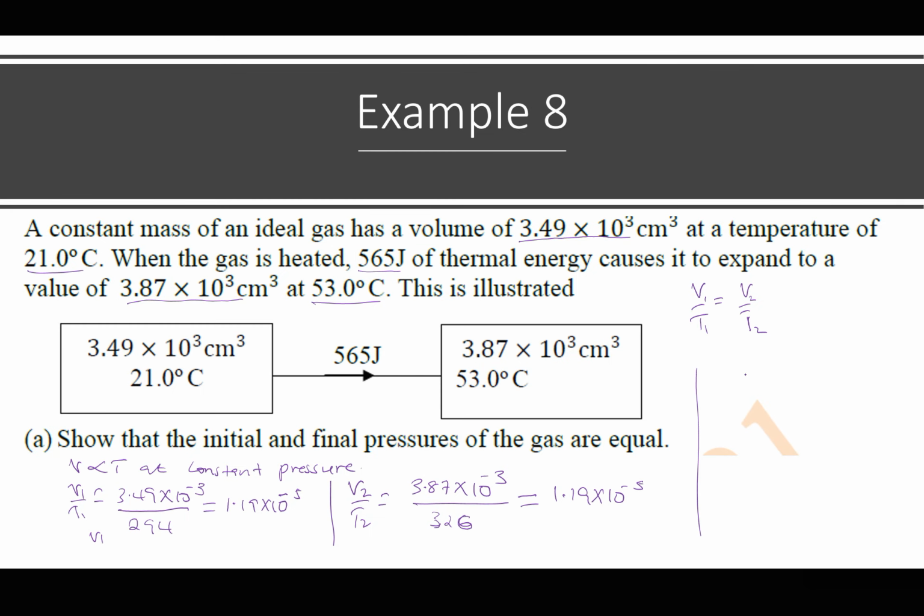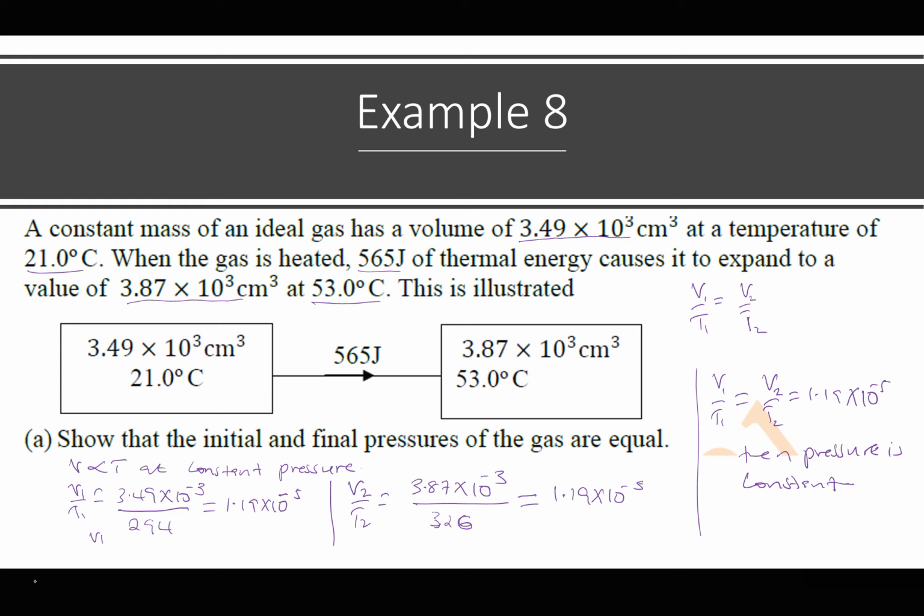So we shall conclude by saying that since V1 over T1 is equal to V2 over T2, which is 1.19 times 10 power negative 5, and it is a constant, then pressure is constant. So we have verified that the pressure of the gas is constant.